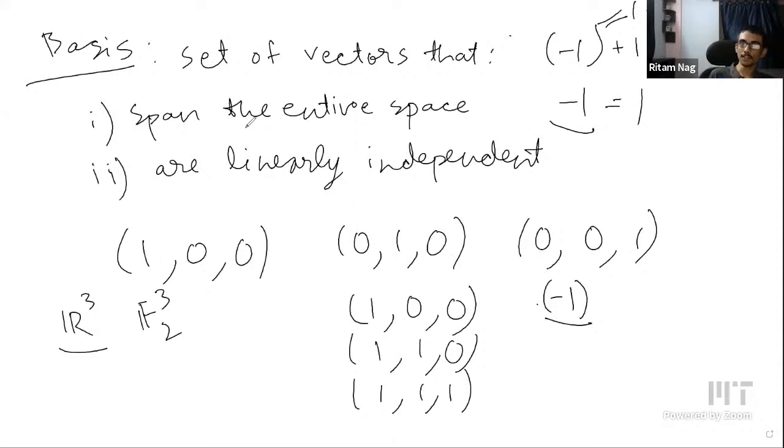Is the idea of this basis thing clear? A basis is a set of vectors which are linearly independent and generate the whole space. The main result I want to talk about is that every basis has the same size.